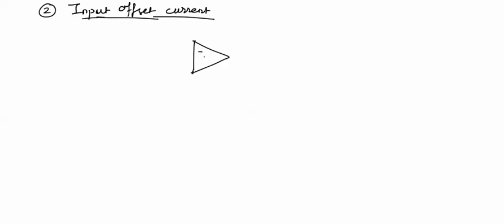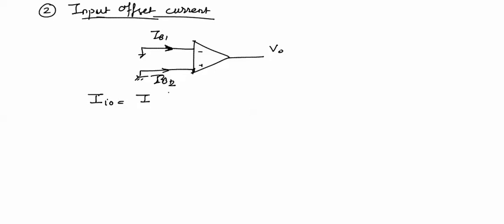Next is input offset current. Now if we have both the inputs grounded and if any current flows in the input terminals of op amp, that is IB1 and IB2, we can define the input offset current as IIO equal to IB2 minus IB1, their magnitude.